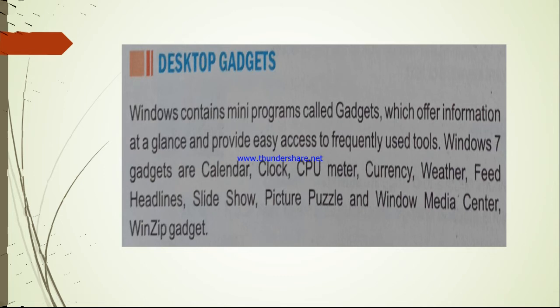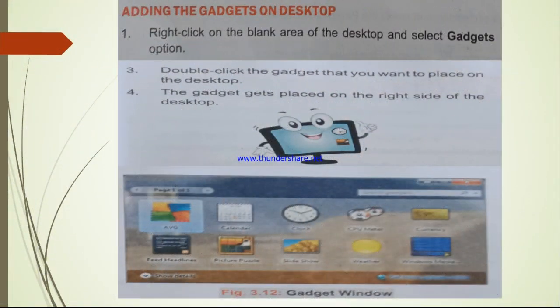Okay, a few of them we'll see over here. How to add such kinds of gadgets: right click on the blank area of the desktop and select the gadgets option. Double click the gadget that you want to place on the desktop. The gadget gets placed on the right side of the desktop.